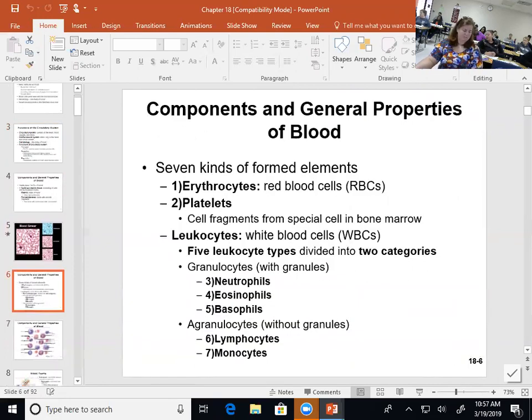Now platelets, I told you all that platelets are actually, what's the formal name of those cells? They're thrombocytes, right? They're thrombocytes. Okay. So people call them platelets.